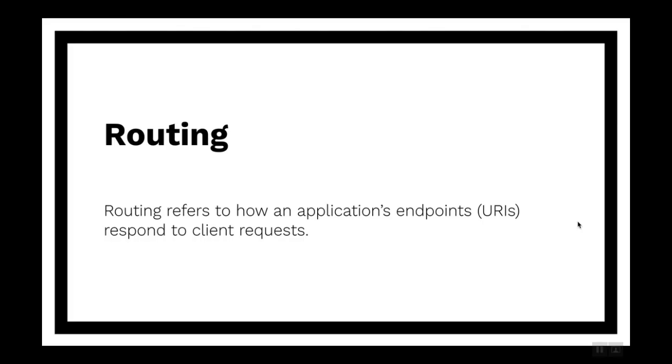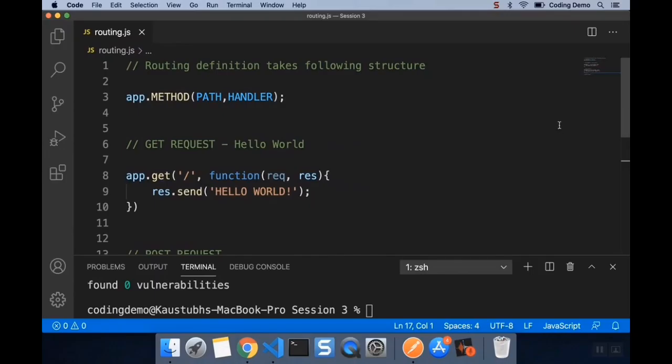Let's switch back to the code and we will come back to the slides in just a moment. So routing definition takes the following structure. We have the application instance, in this case it's the Express application, and the method, as well as the first parameter is the path and the second parameter is the handler.